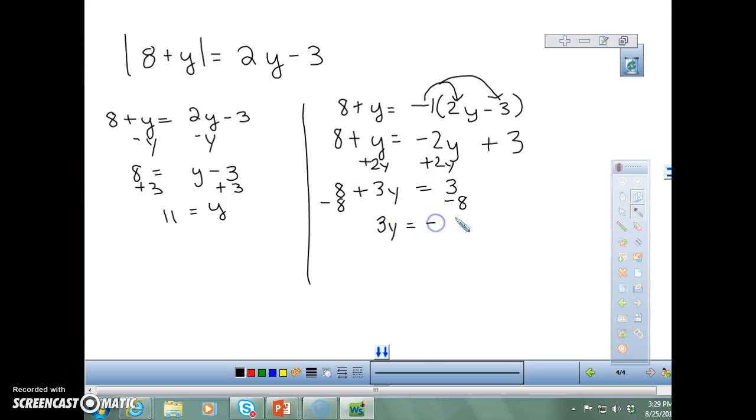This one turns out negative. Get -5. I'm going to leave it as the fraction, -5/3. I divide it by 3 to get this to cancel. All right. If we took those answers and we plugged them back in, we'd have to check to make sure that they would both be valid.